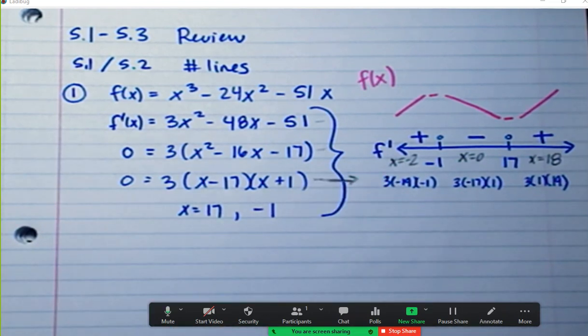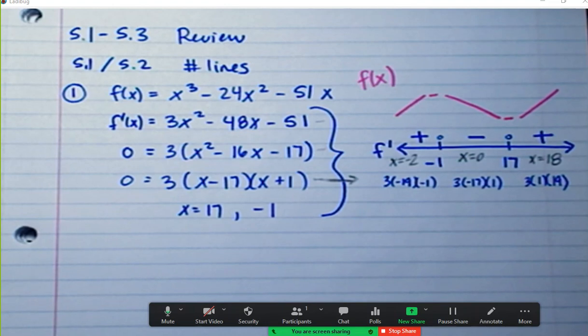F prime tells you about maxes and mins. So you can still look at the chart, which is over there, right? F prime, the pluses and minuses, is the number line. So it's either going to tell me maxes or mins based on how the number line is changing.